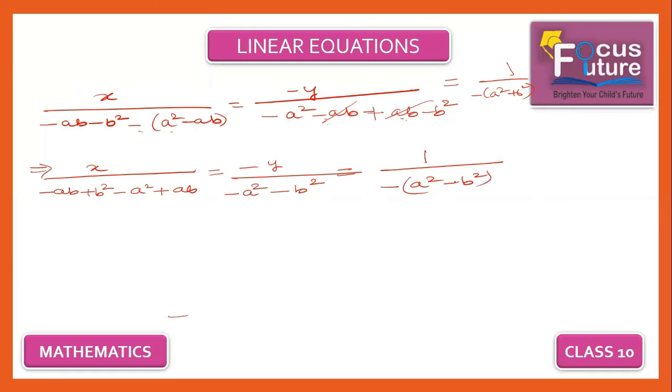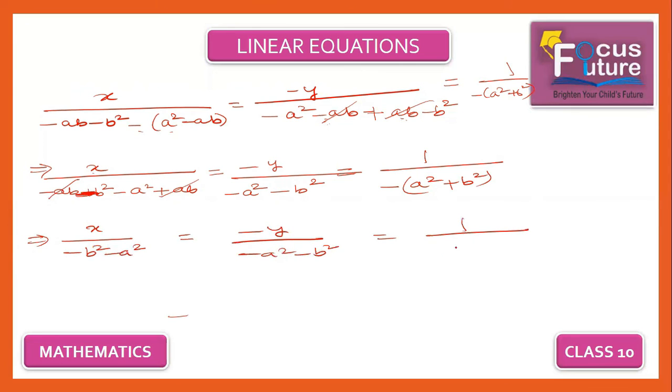Plus, the minus you took outside. So here x divided by minus ab, here minus, here plus, it will cancel. So you are left with this b is minus b square minus a square equal to minus y upon minus a square minus b square equal to 1 upon minus a square plus b square.